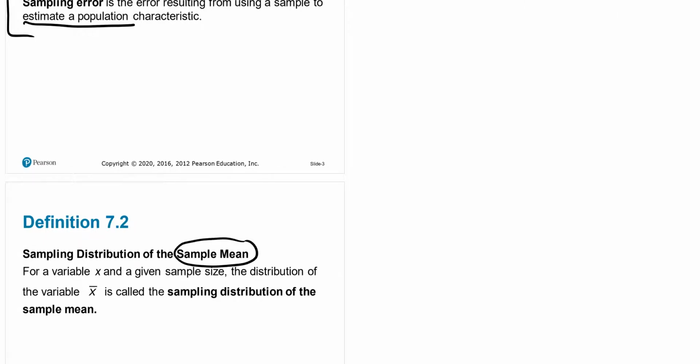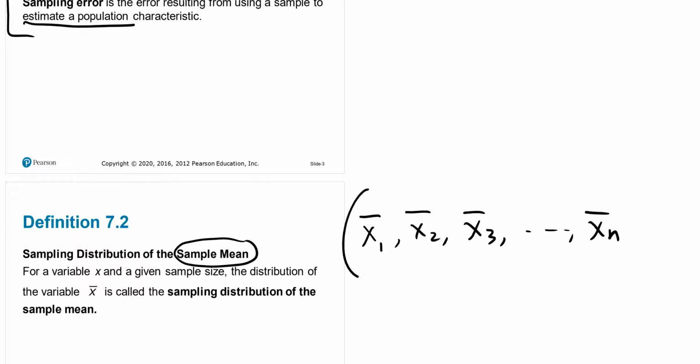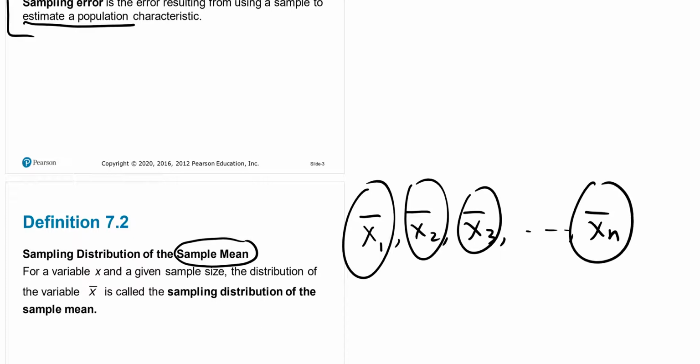For each sample we pick, we find its mean, so we could have x bar 1, x bar 2, x bar 3, all the way to x bar n. These are different samples: the mean for the first sample, the second sample, the third sample. Then we compare these means to the population mean and see if they are the same or different, and how spread out they are from the population mean.